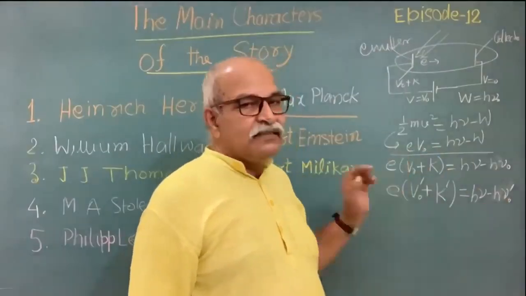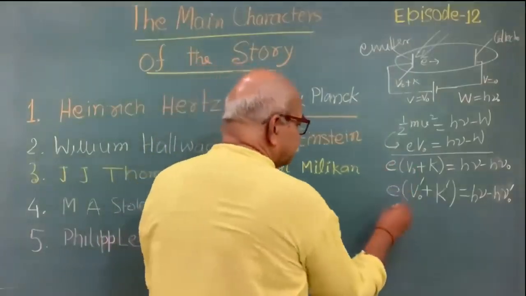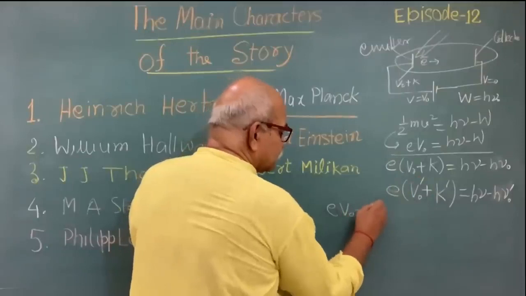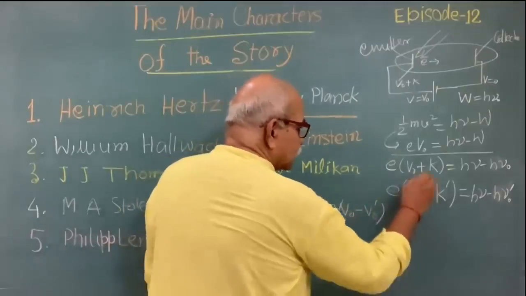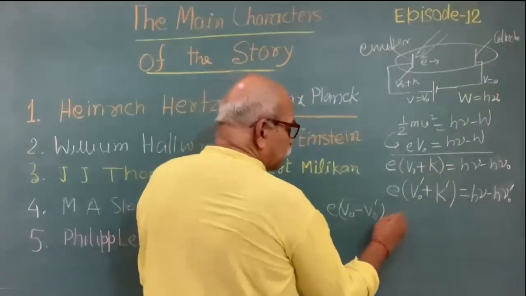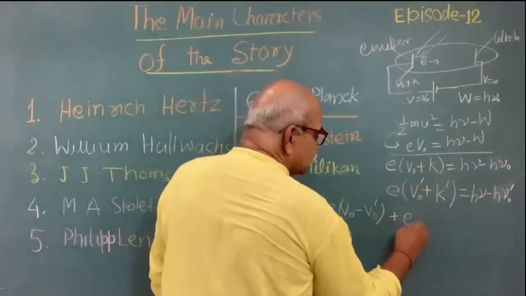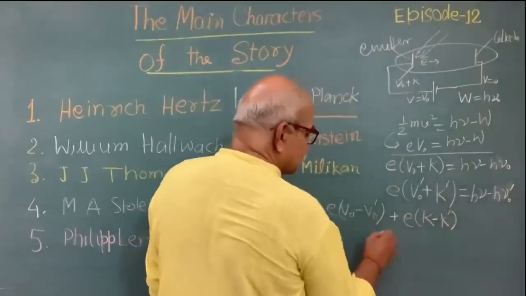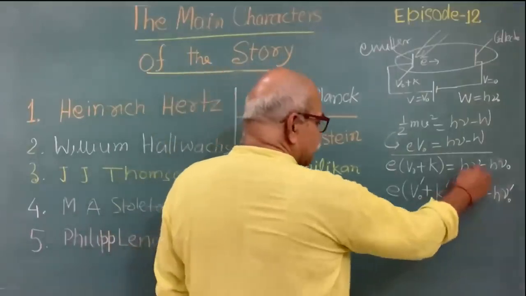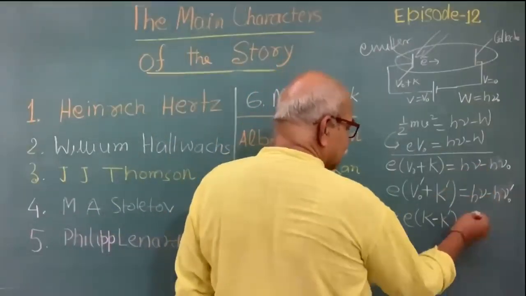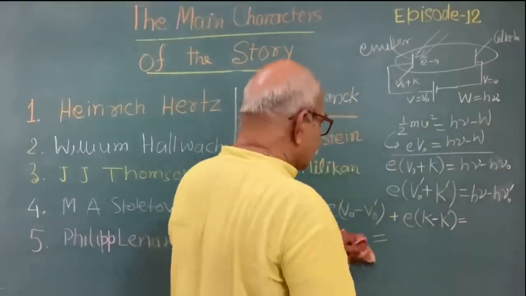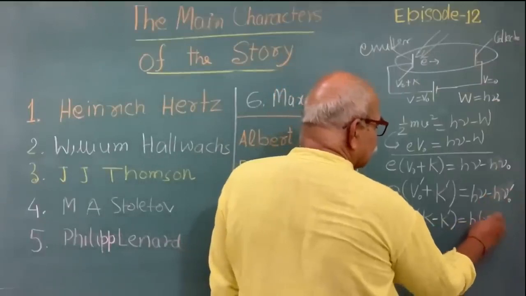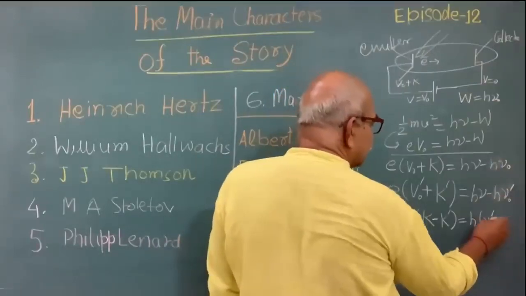Now subtract these equations. What do you get? Subtract: E times V0 minus E times V0 prime, so I am subtracting this from this, plus E times K and minus E times K prime. This is equal to, H nu cancels out. Okay, so I can perhaps write here itself. And then this minus this, so H here, nu naught prime here, and minus nu naught here.